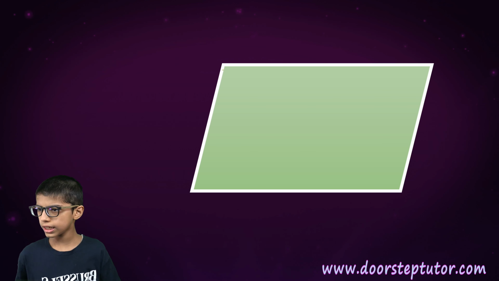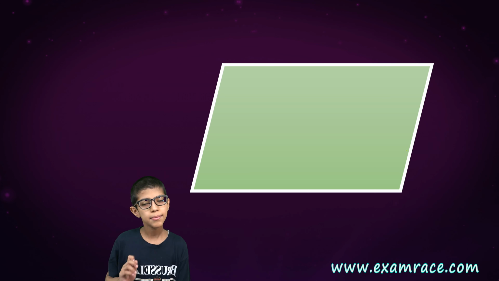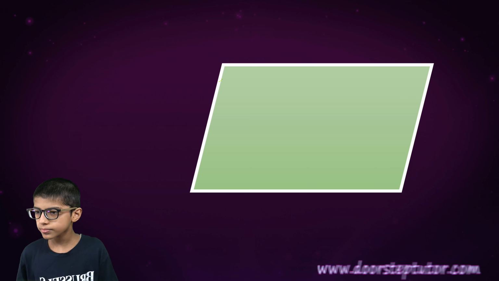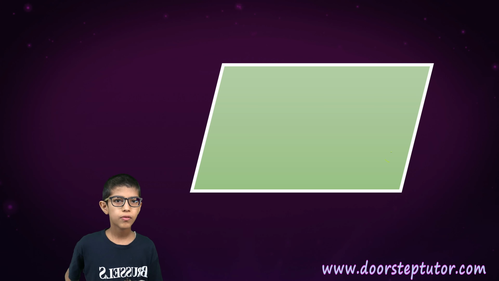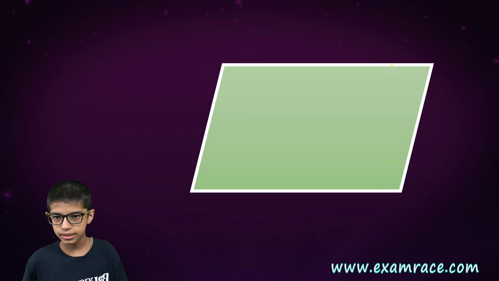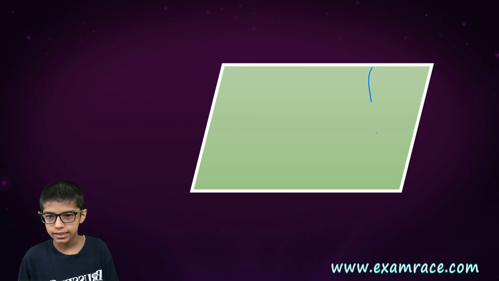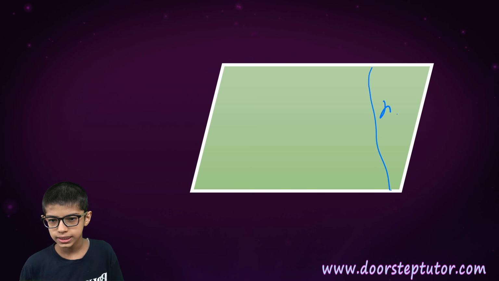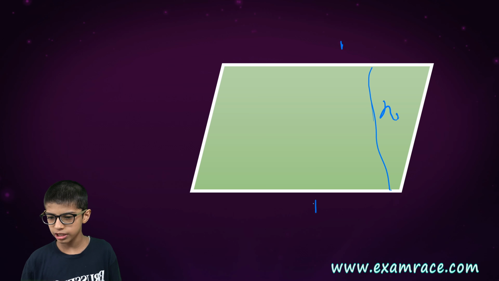Now, here we have a rhombus. Now, here, as you see, this is not an exact rhombus, it is a parallelogram. So, here the sides are different. Now, what is its area? Yes, this is very simple. First, let's take the height as h. The height would be perpendicular to the upper base and the lower base.